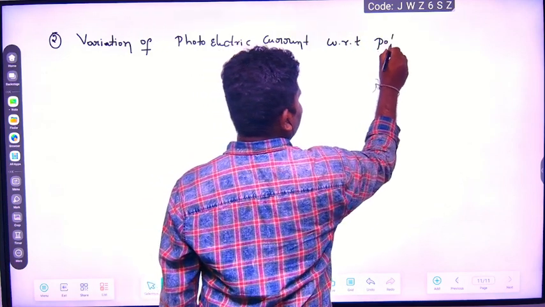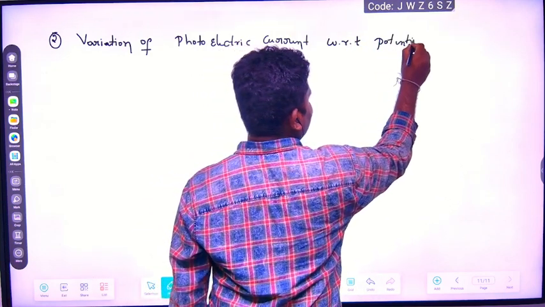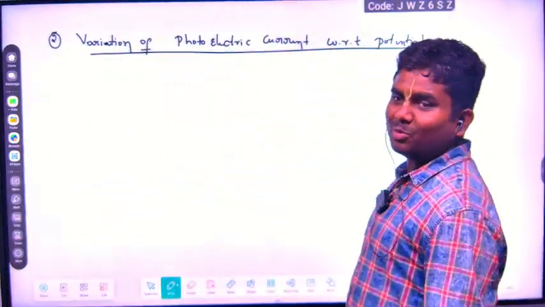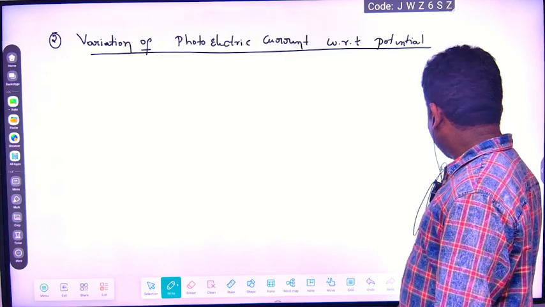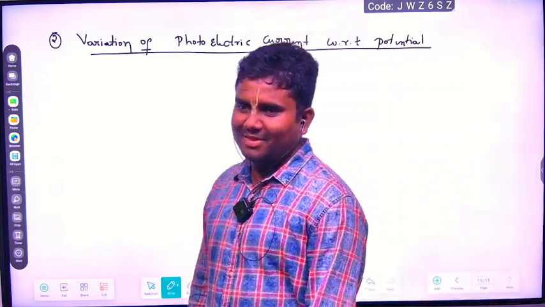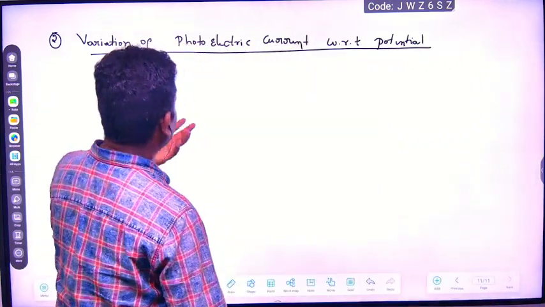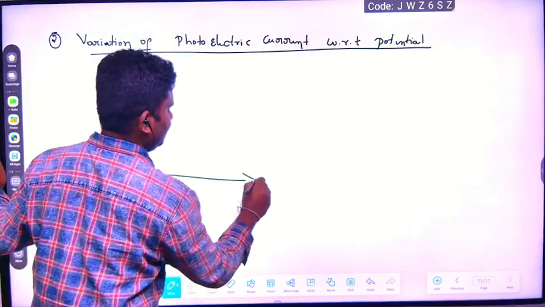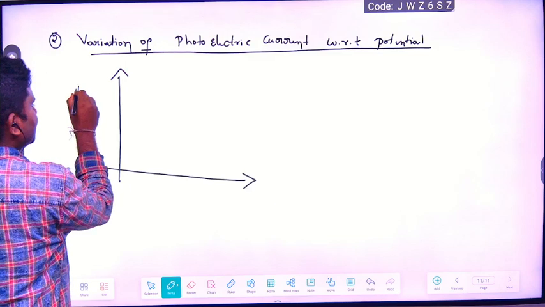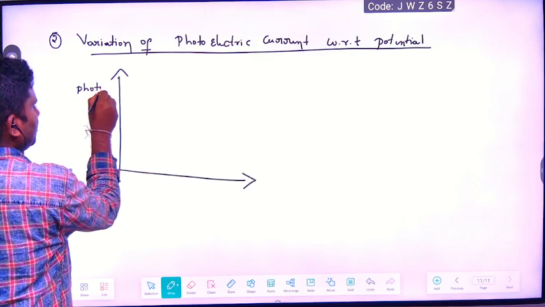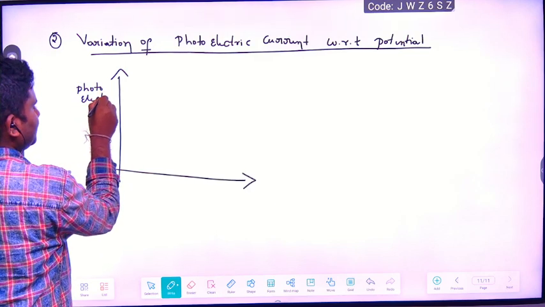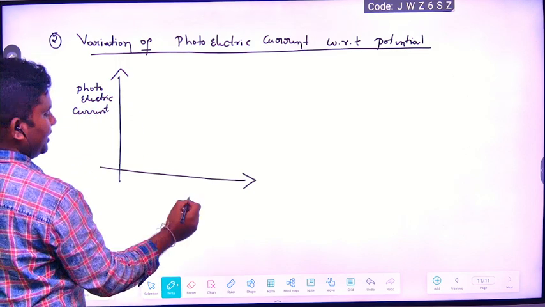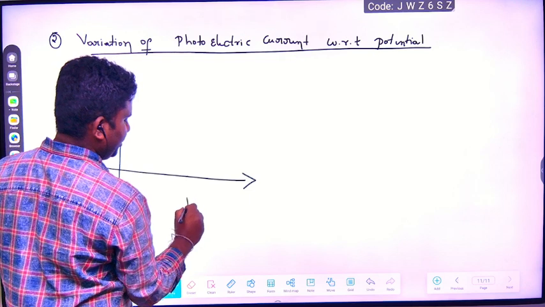You see here, I will take the graph. Here it is photoelectric current, and here I will write potential, voltage or potential.